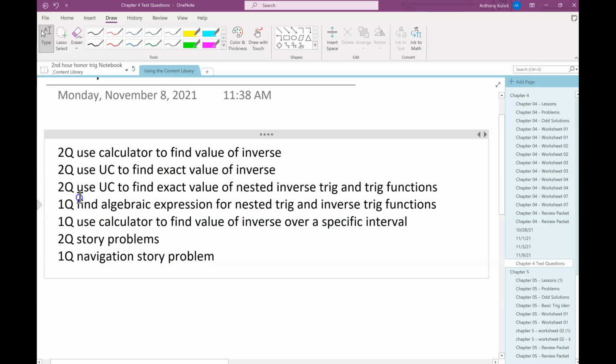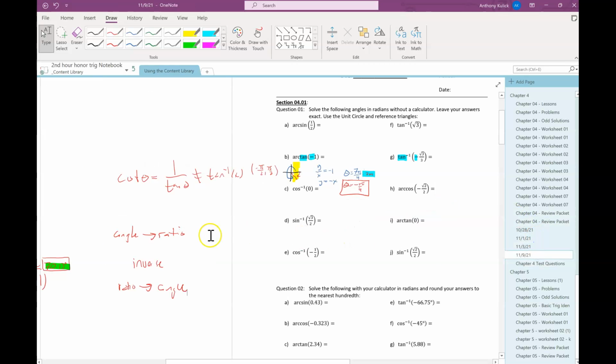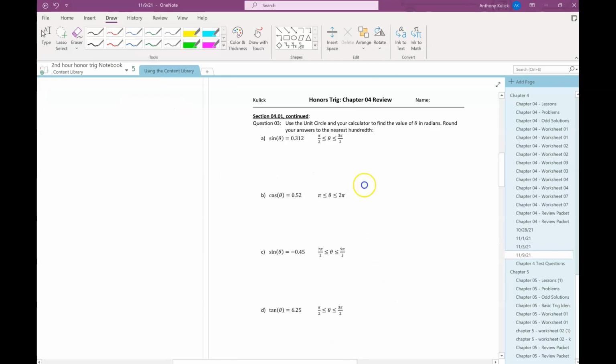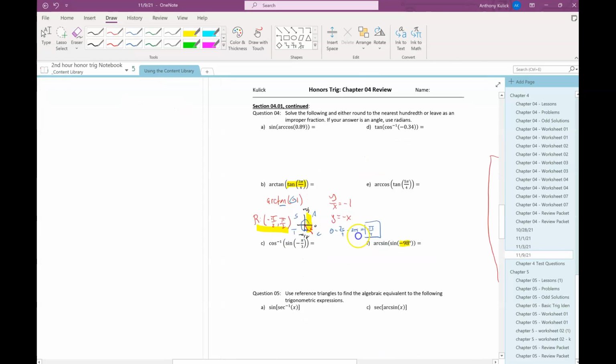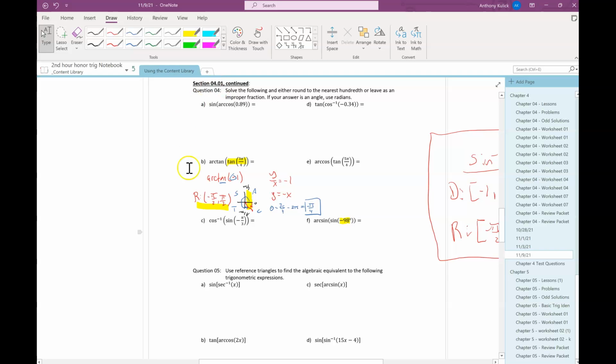2 questions where we use the unit circle to find the exact value of a nested inverse trig and trig function. So what do I mean by that? I'm talking about something like these problems in question 4, where you have sine and then cosine inverse inside of it, right?